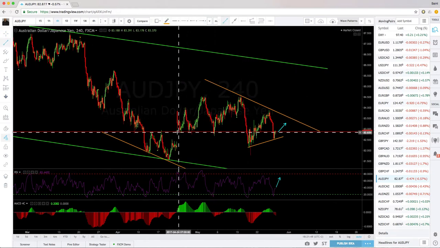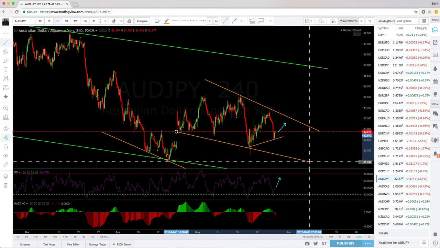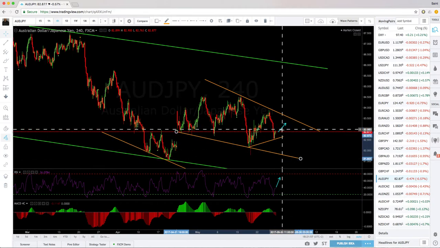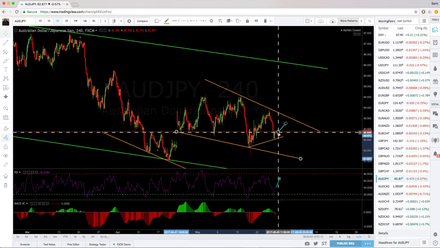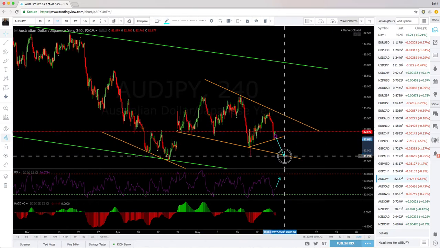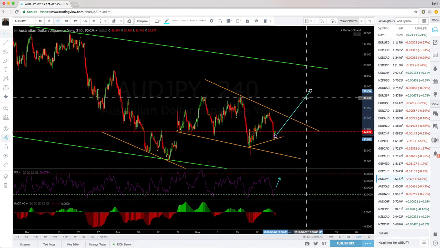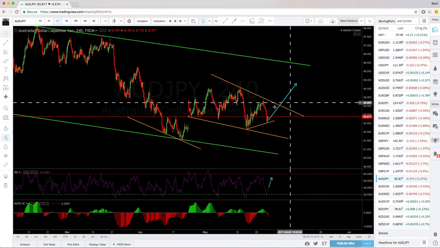So this bigger pattern that the Aussie is giving us suggests that price could continue up to the top, or it could just be making a continuation pattern here and continue down to the bottom for a bounce and then come out of this pattern. No matter what, we're still looking bullish for this pair.